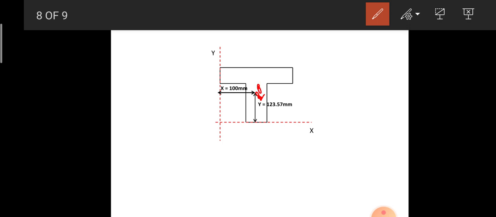If this dot represents the overall centroid, that is the centroidal point G, then from G to the horizontal reference axis, the value will be equal to y. That value we got as 123.57, and the distance between G and the OY axis, that is the vertical axis, we get as 100 mm.